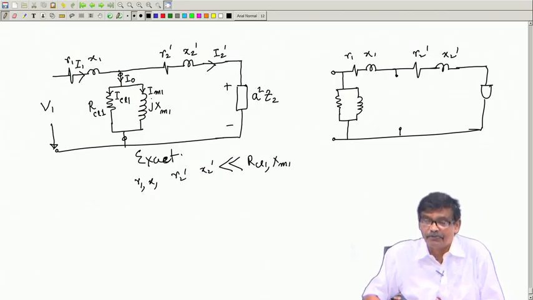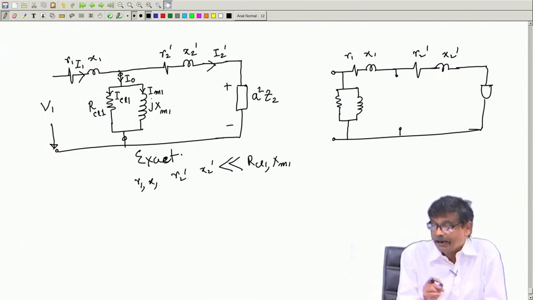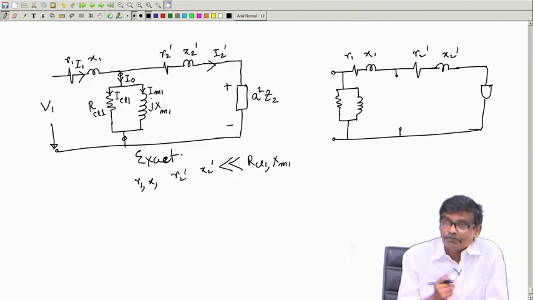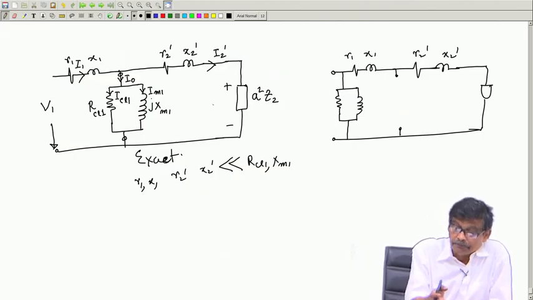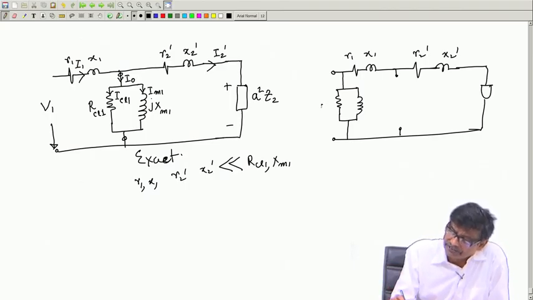For a well designed transformer, I will presume that whoever has designed this transformer must have kept in mind that core loss should be made as small as possible, magnetizing current should be made as small as possible, which indirectly means that R CL 1 is high and X M 1 is high. If that be the case, this being smaller, you forget about this branch and show it on this side. Just bring that branch forward.